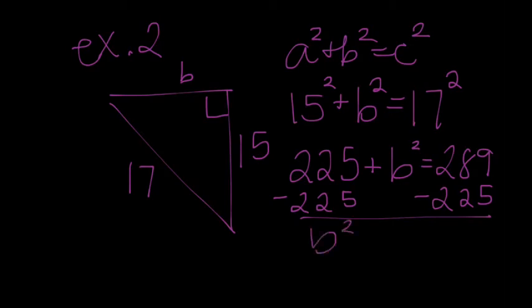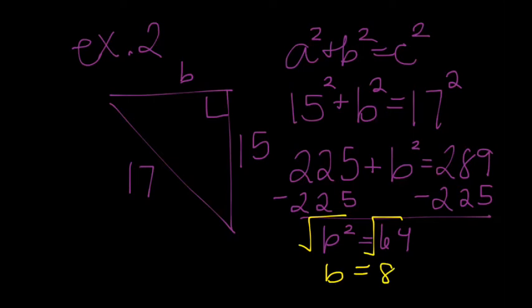And I get b squared equals 64. Then I need to take the square root of each. Square root of b squared equals b. Square root of 64 is 8. Awesome. Next example.